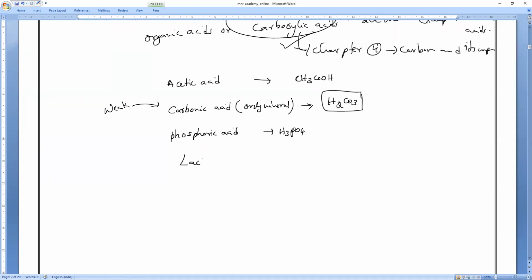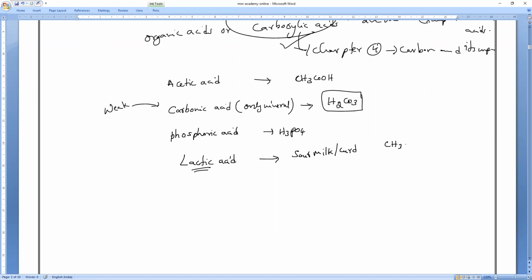Next, lactic acid. Lactic acid is present in sour milk, and curd also contains lactic acid. You will study sources of organic acids in 7th class.